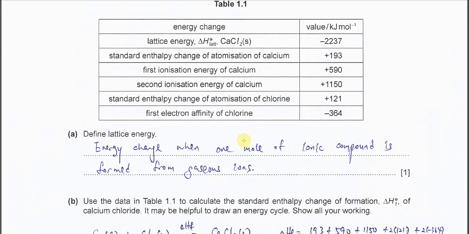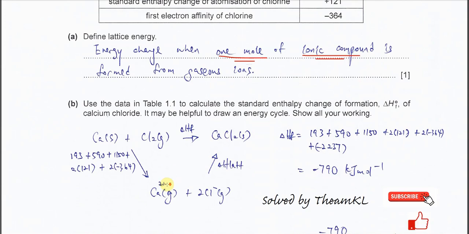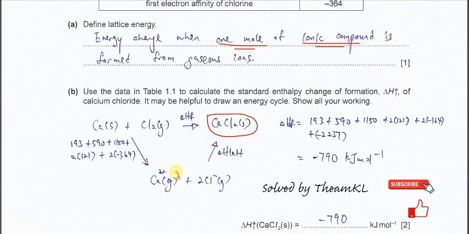Define lattice energy. It is the enthalpy change when 1 mole of an ionic compound or ionic solid is formed from its gaseous ions. Let's use this example. If we want to know the lattice energy of calcium chloride, we need to use the gaseous ions.